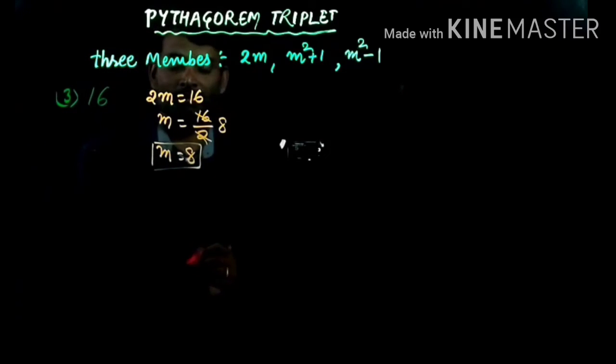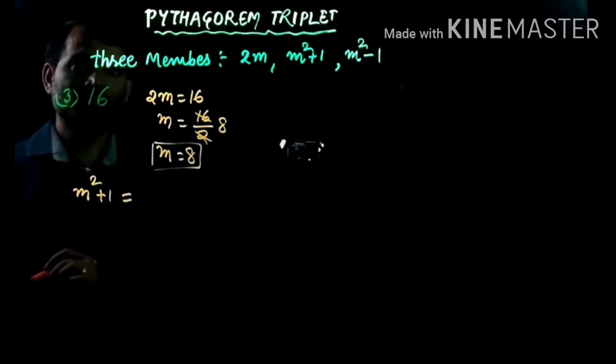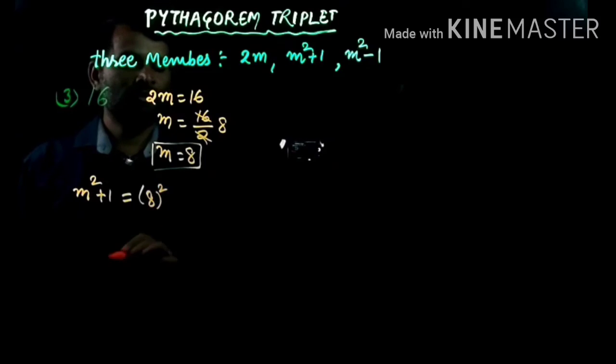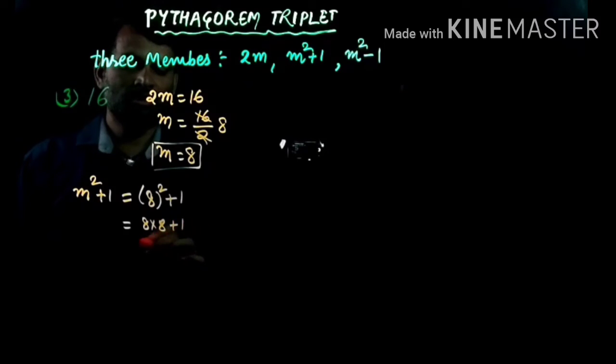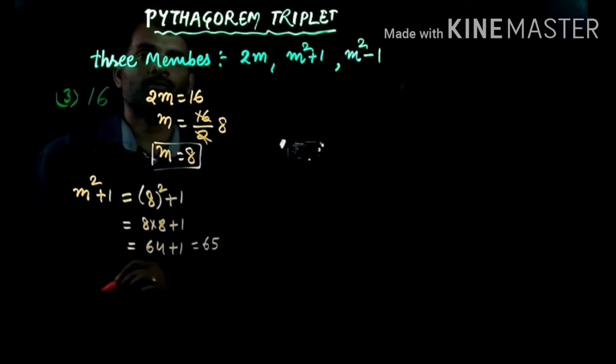The value of m is 8. Now the second member is m square plus 1. The value of m is 8, so 8 square means 8 times 8, which is 64, plus 1 is equal to 65.